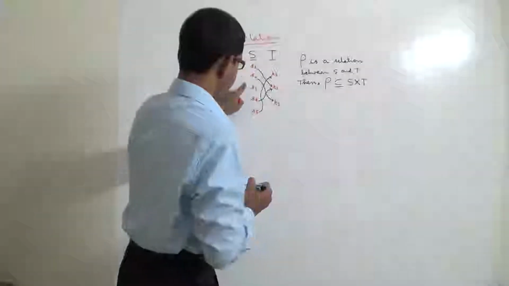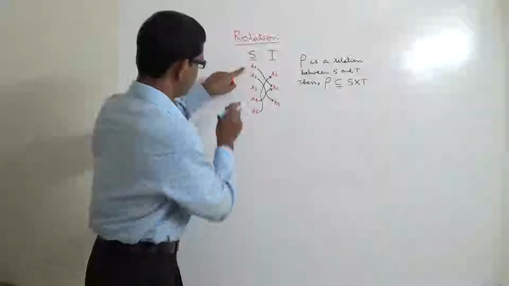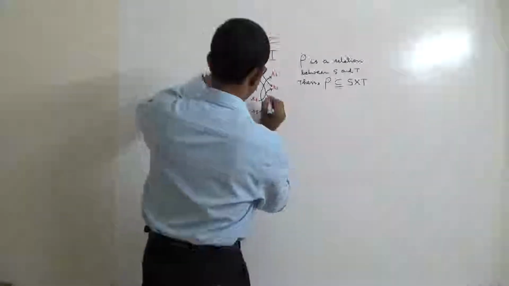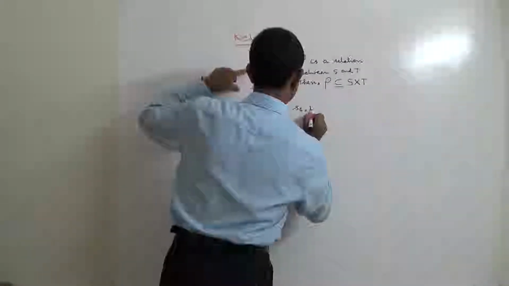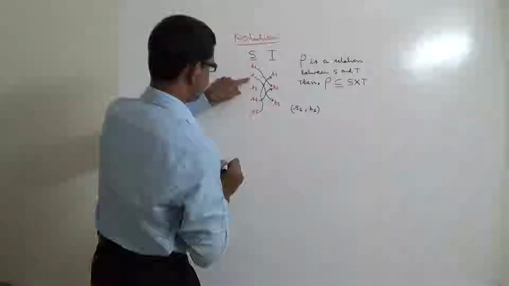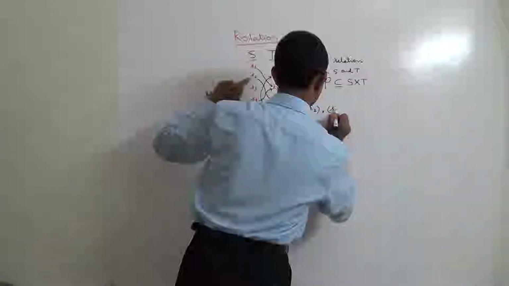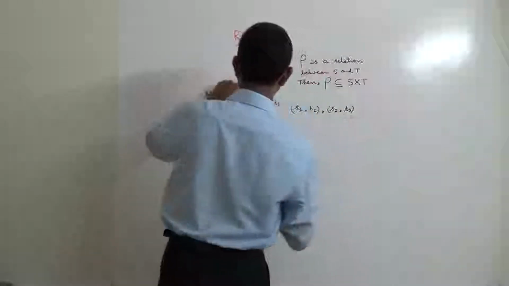So let's take the example here. We saw that S1 is related with T2. S2 is related to T3.